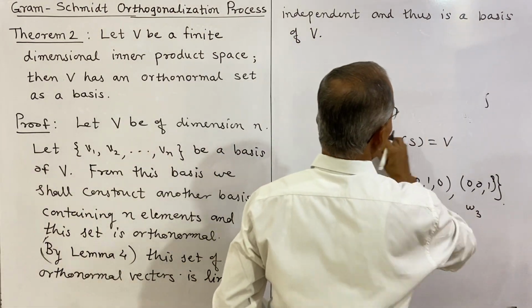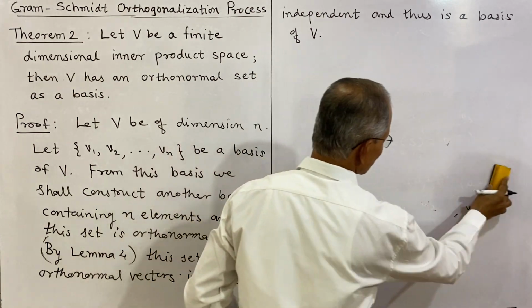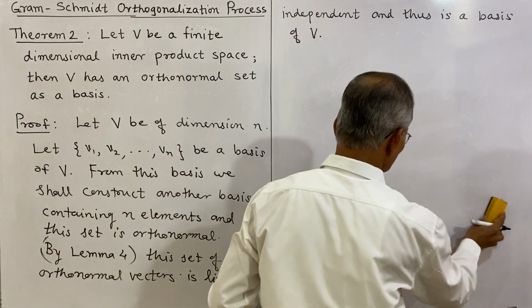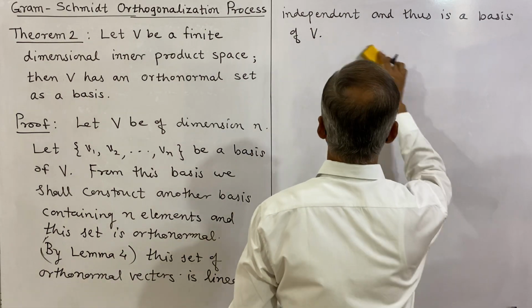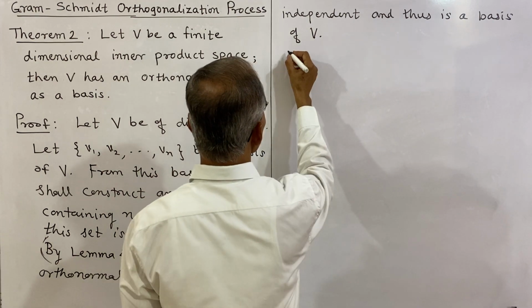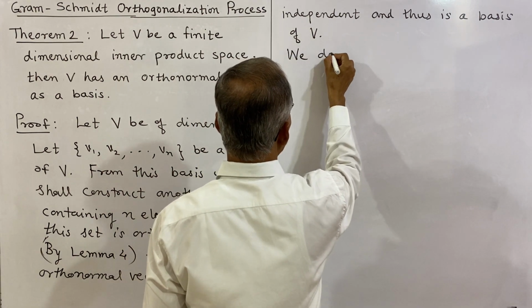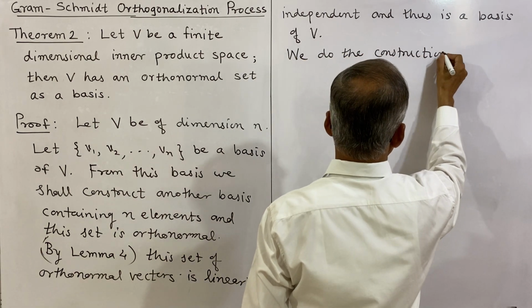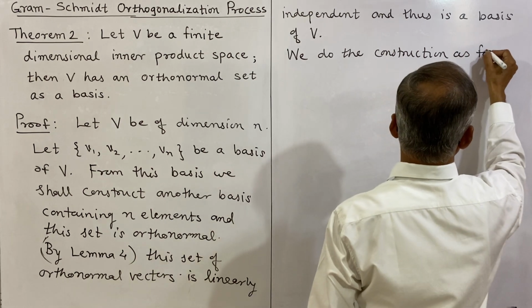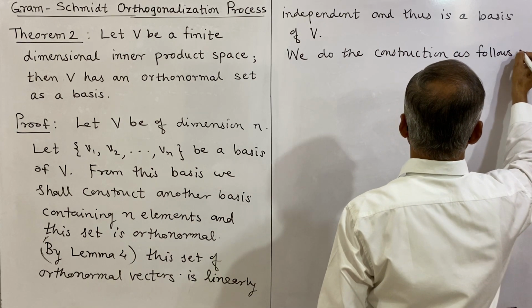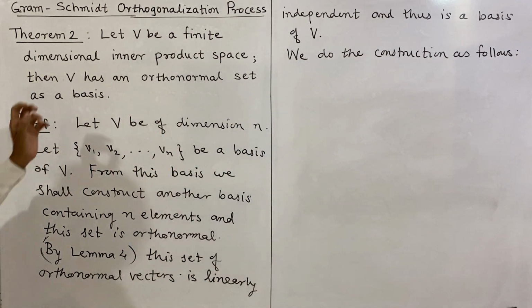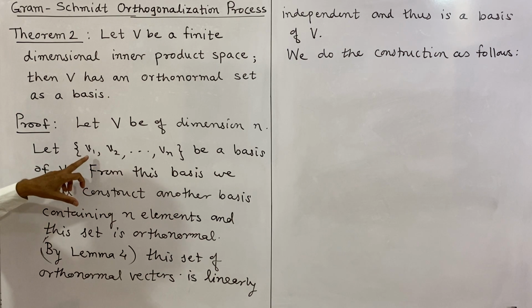So, we do the construction as follows. We will form a set consisting of vectors w1, w2, etc., wn.